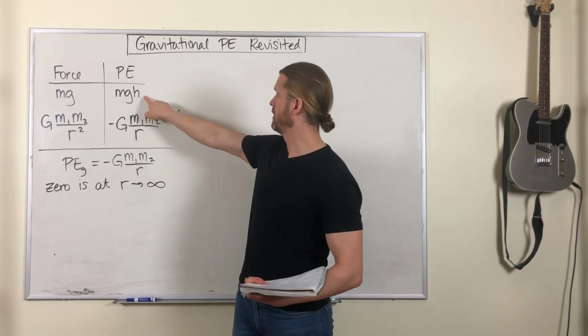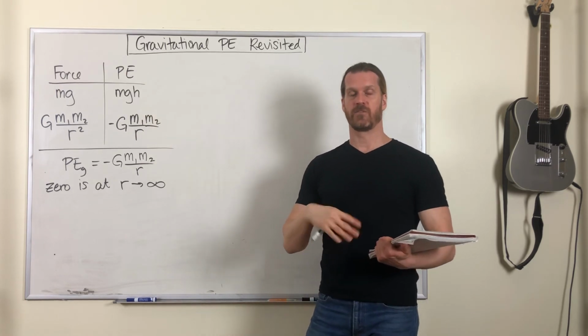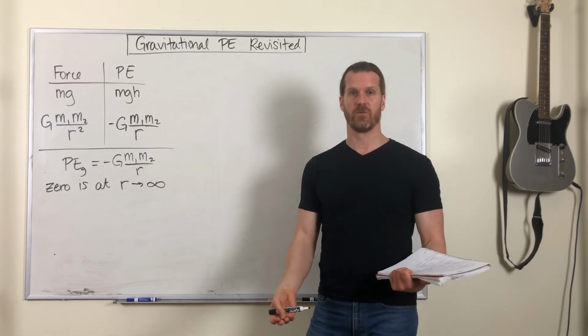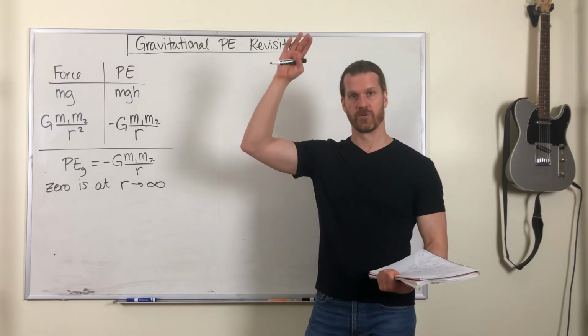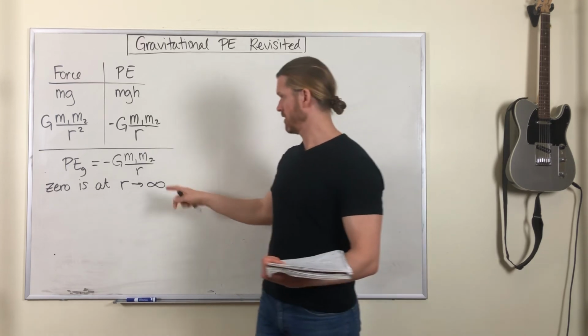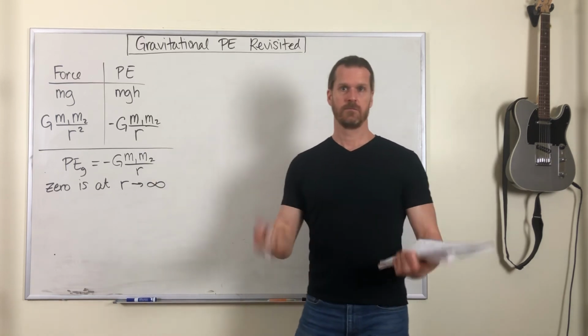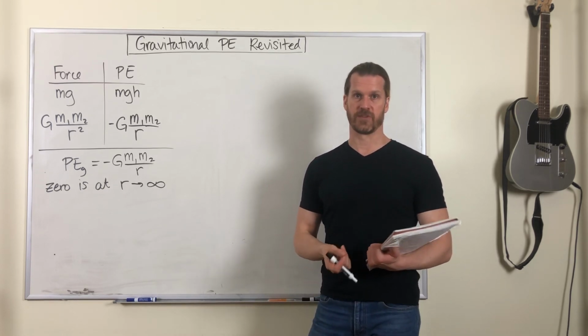Before, when we used this expression for potential energy, we would define some height to be the 0 level, often ground level, and then we would measure potential energy relative to that height. We're doing the same thing here. We're just defining a certain position to be the 0 level of gravitational potential energy.